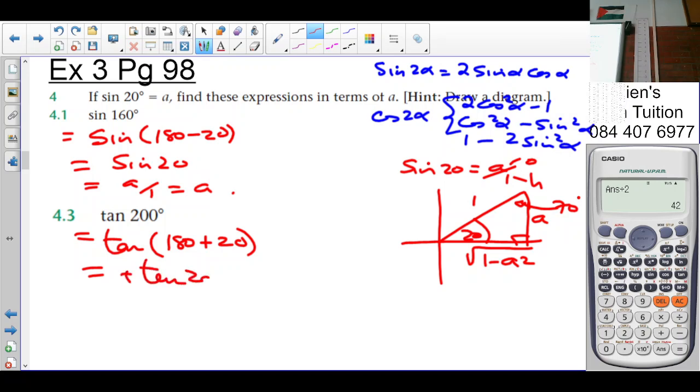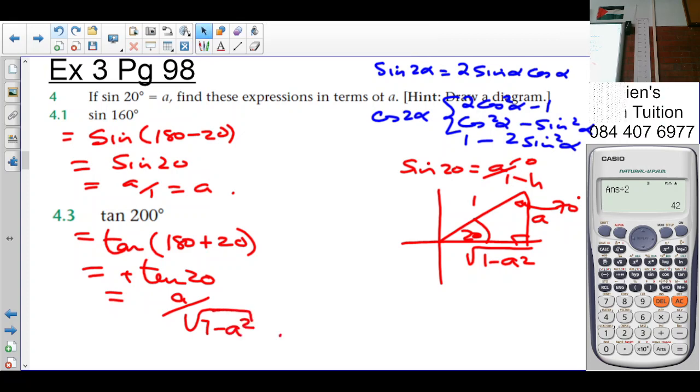Tan 20. What does tan stand for? Opposite over adjacent. So it's going to be a over the square root of 1 minus a squared. You all understand? Yes, sir.